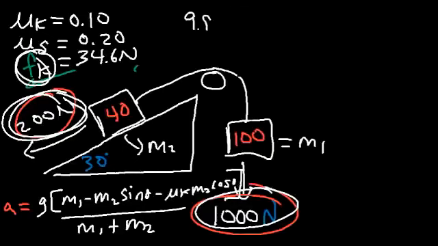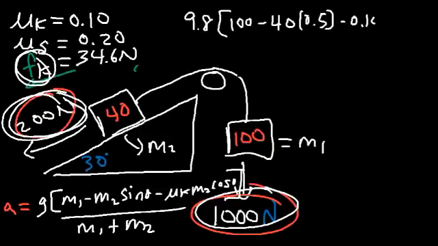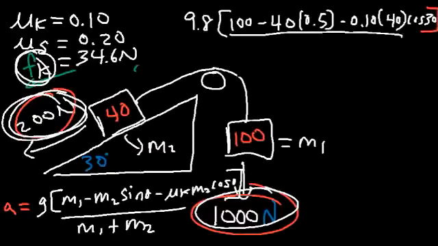So g is 9.8, m1 is 100, m2 is 40 times sine 30, which is a half, minus mu k, that's 0.10, times m2, which is 40, times cosine of 30, divided by the sum of the two masses, which is 140.